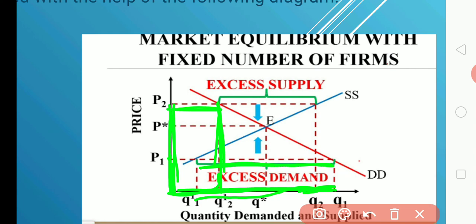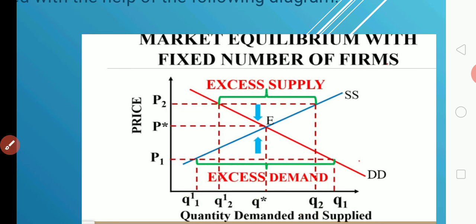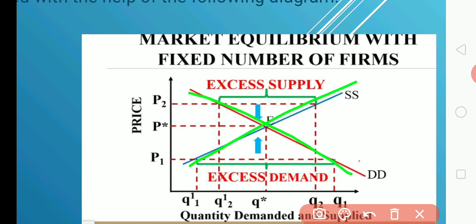Got it? So in this situation, now our concept is how the market equilibrium is achieved under perfect competition with a fixed number of firms, where the supply curve is intersecting the demand curve at point E. At this point, the quantity demanded is Q naught and the price fixed is P naught.